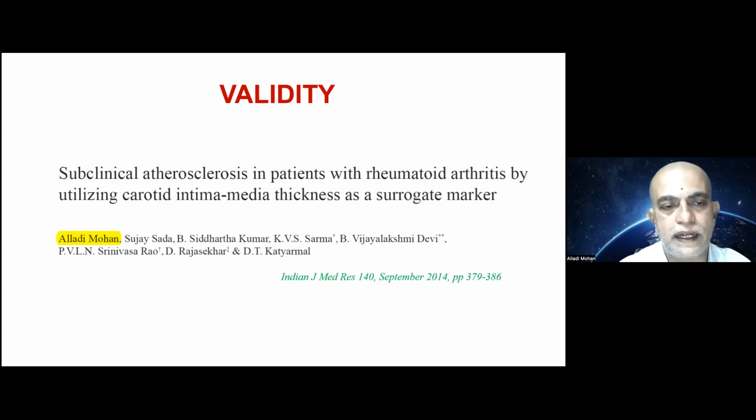So the idea was to assess which of the patients with rheumatoid arthritis are found to have subclinical atherosclerosis using the CIMT as a surrogate marker. It seems very simple, but I will share with you what had bothered us when we designed this study, because methodology is decided upfront when the study is started, not after the study is done.